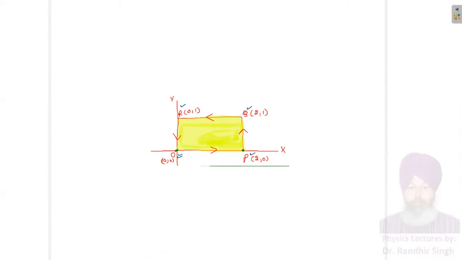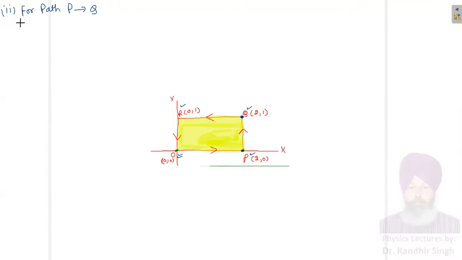Okay, let us now do it for path P to Q. Moving from P, the value of x here is 2, and at Q the value of x here is also 2. In between, y is changing from 0 here to 1 here.